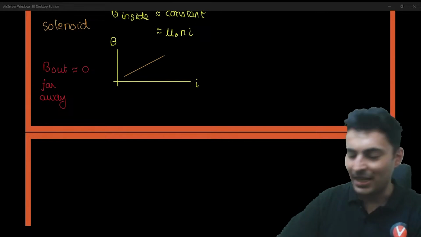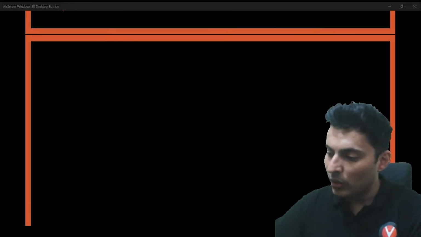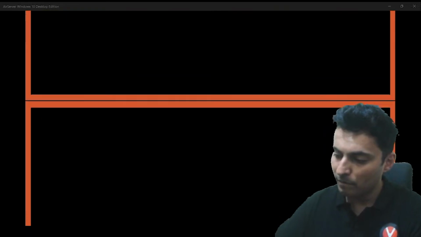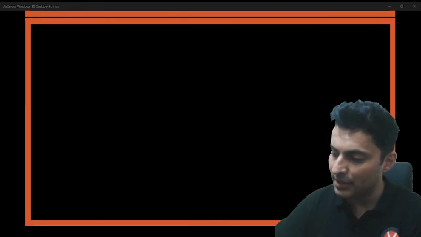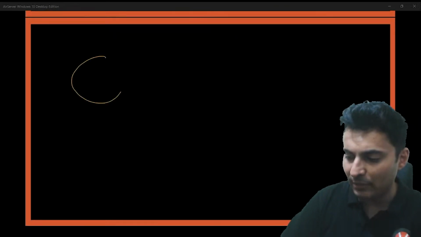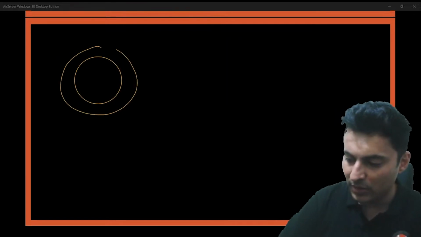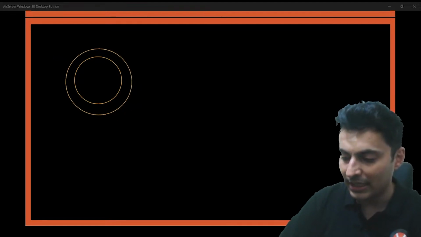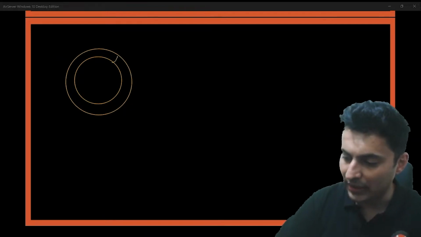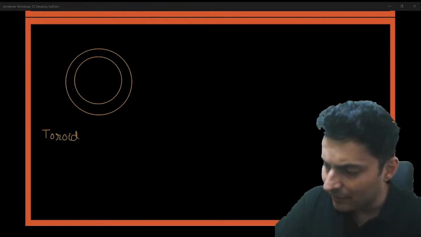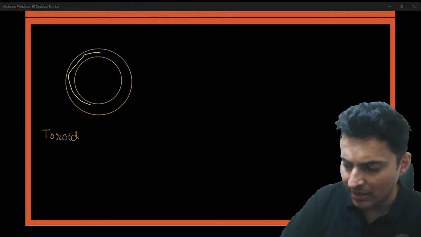Cool. Very nice. For a toroid, let's go over here. A toroid is nothing but a solenoid which is bent in the form of a tube, something like this. This is a toroid. For a toroid, the diagram is very simple.